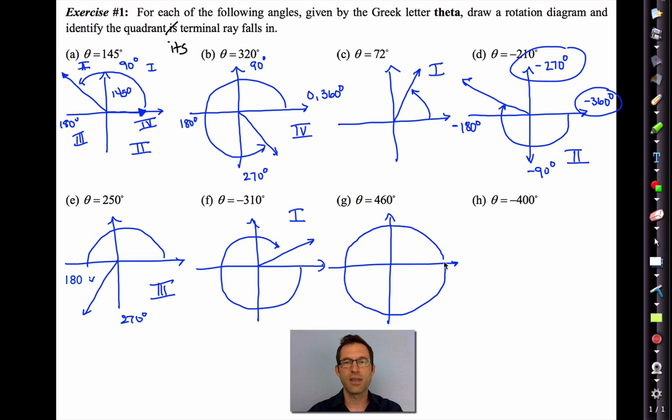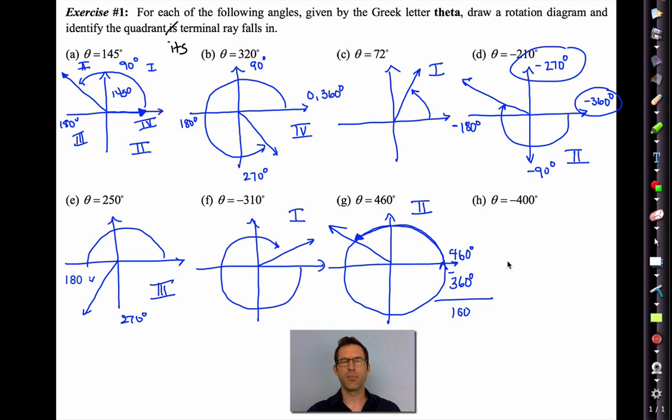By the time we got to here, that would be a full 360. And now I have to go, let's see, 460 minus 360. I have to go an extra 100. And therefore, we'd end up something like that, and that would be in quadrant 2.